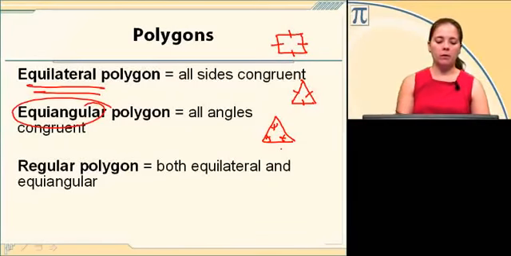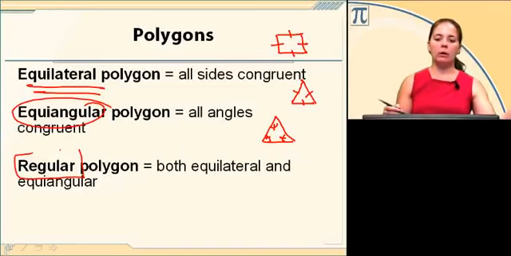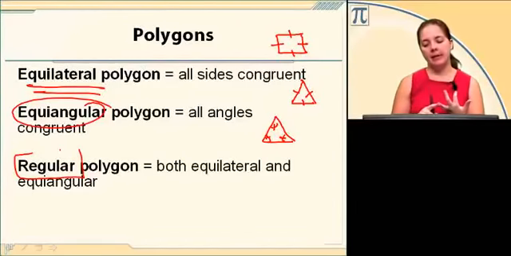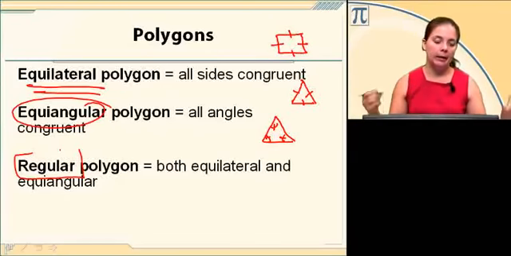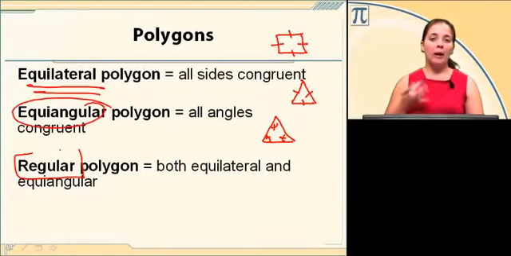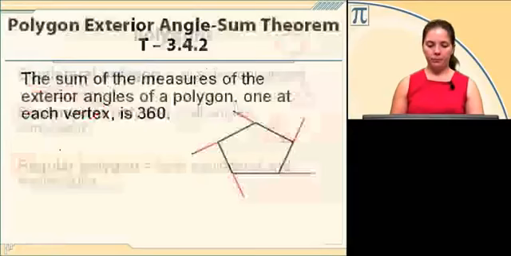Regular is both equilateral and equiangular, which means all the angles are the same and all of the sides are the same. So a regular polygon is both equilateral and equiangular. Equilateral, all sides congruent. Equiangular, all angles congruent. Regular, all angles and all sides are congruent.